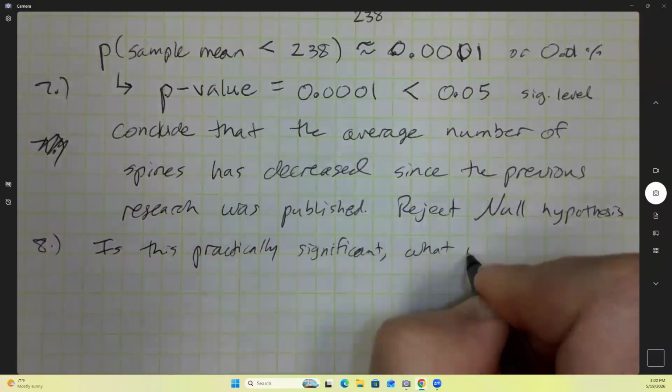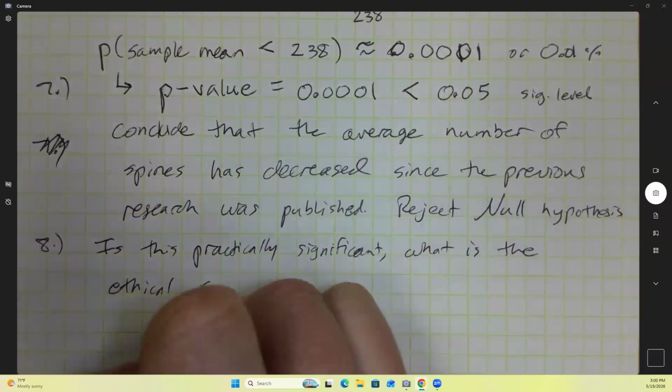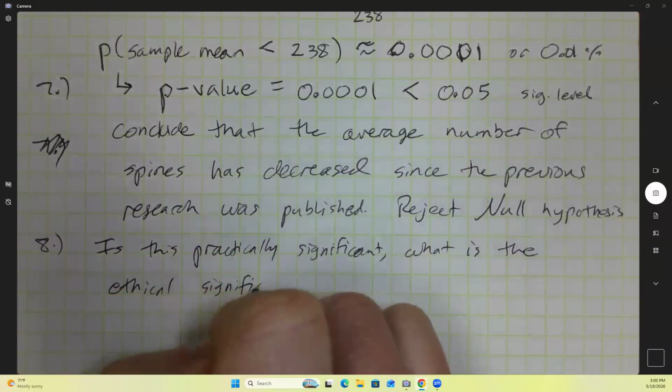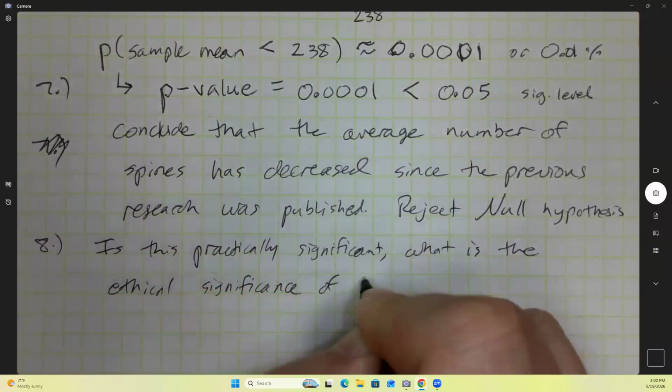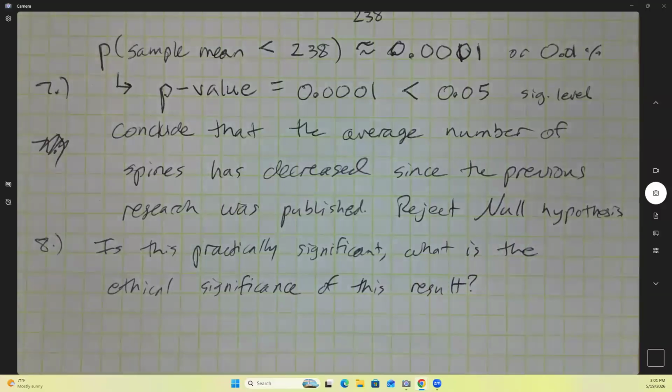And what is the ethical significance of this result? It's okay if you can't answer that. First of all, I made up the data. Second of all, I'm not a marine biologist. I don't know if 238 is meaningful or not.